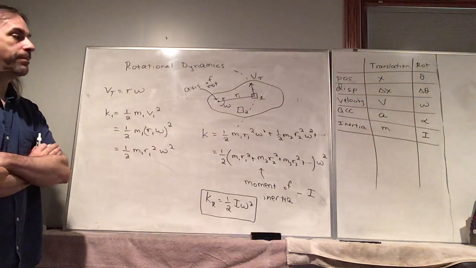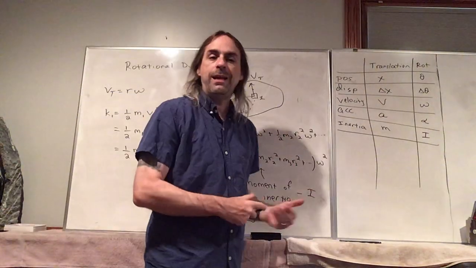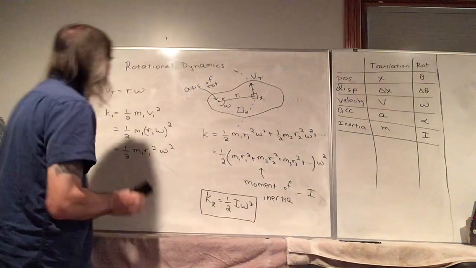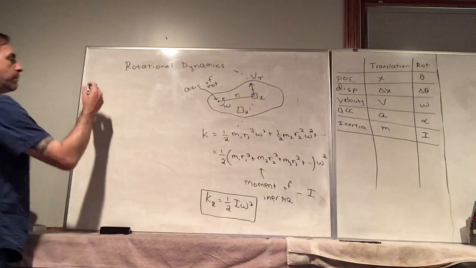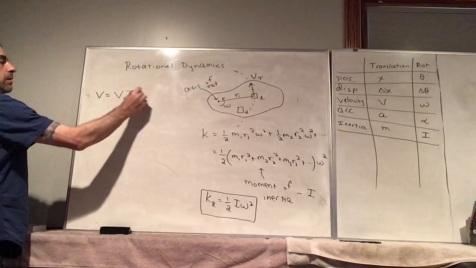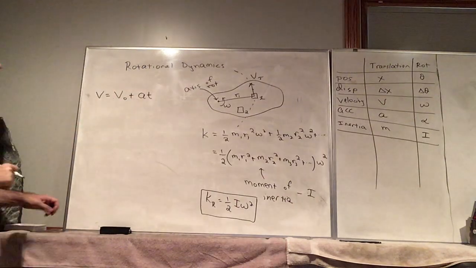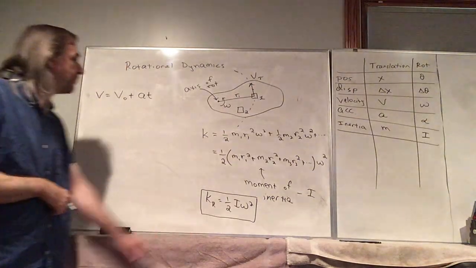And this table is very interesting, because you can take any equation that we've dealt with for linear motion. Let me take a simple example. We know for translations we have this equation as long as the acceleration is constant.